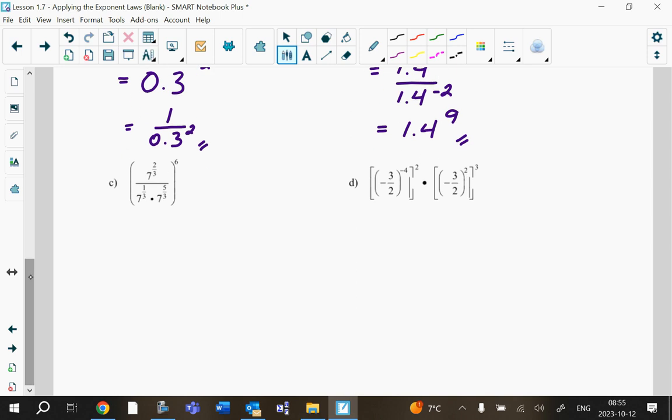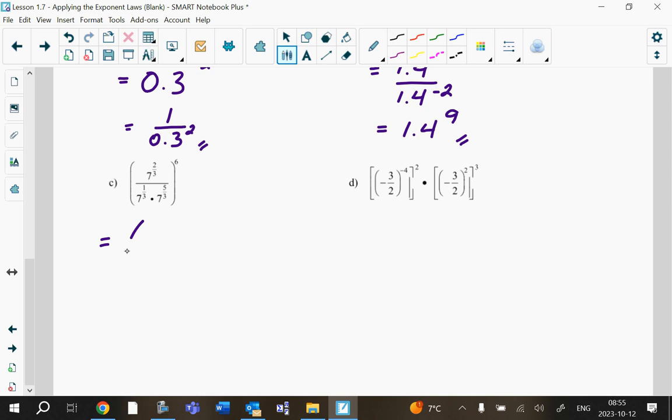Okay, this one. What do you want to do first? All 3 exponent laws are going on here. I would suggest multiply these first. Then let's divide, and then let's raise it to the outside power.